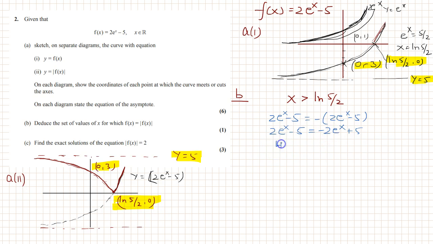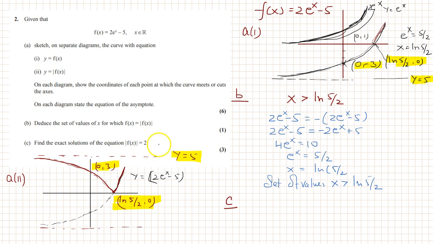So this is 4e^x is equal to 10. e^x is equal to 5/2. So x is ln(5/2). This is the critical value, so the set of values is x is greater than ln(5/2).